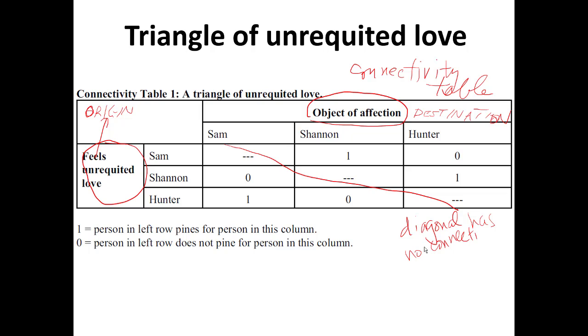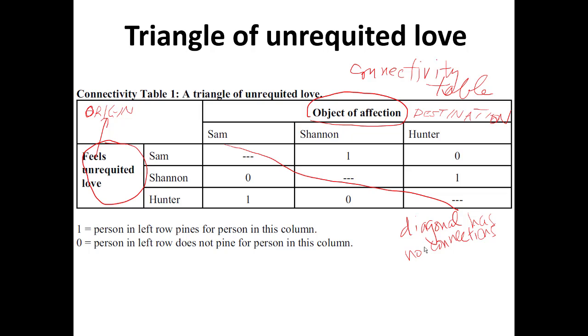So in this case, you can't be romantically interested in yourself. Which sounds kind of dorky, but is a useful property: when you look at a connectivity table, you want to try to figure out, does it allow self-connectivity or not? Right.